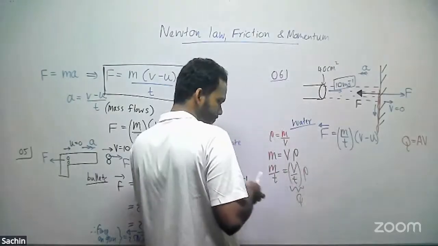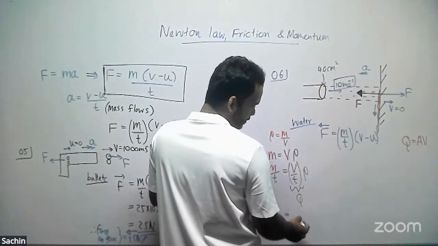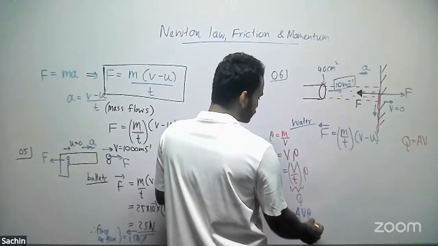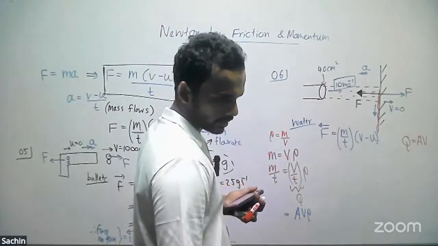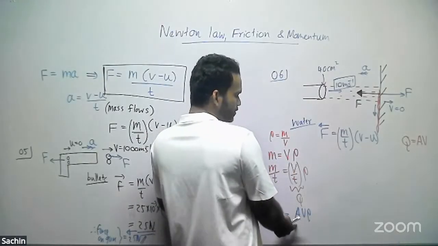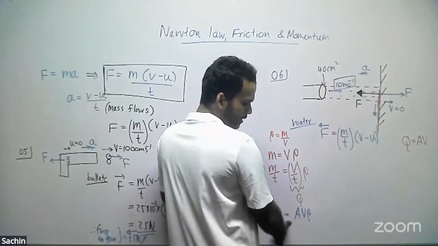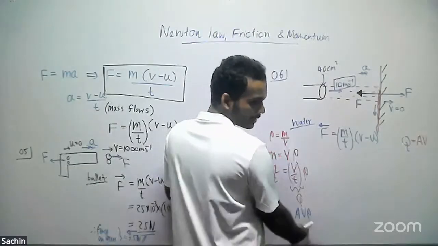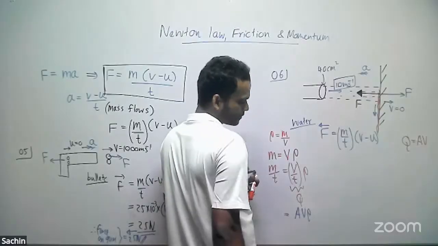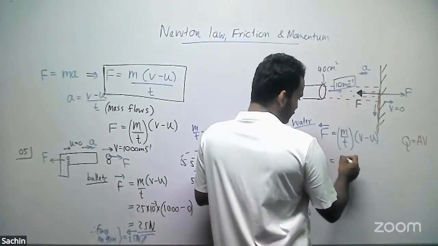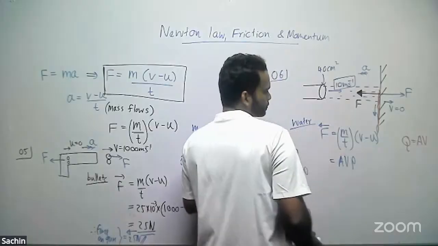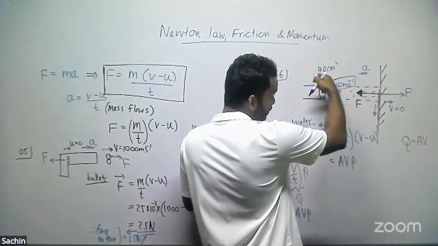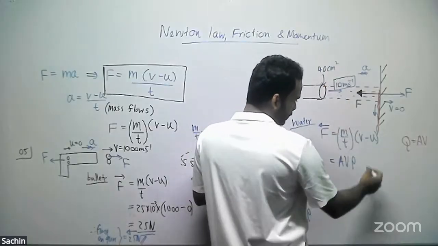Just apply it here: AV rho. So you can build a mass flow rate if you know the cross section area, velocity and the density. So I'm applying it here, AV rho. These values are given in the question.